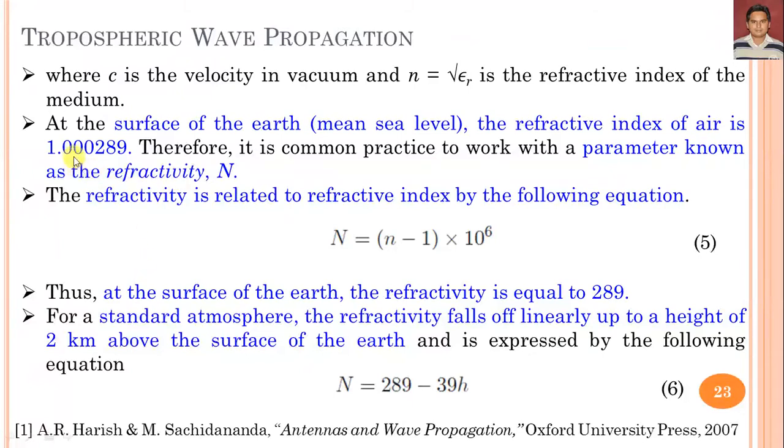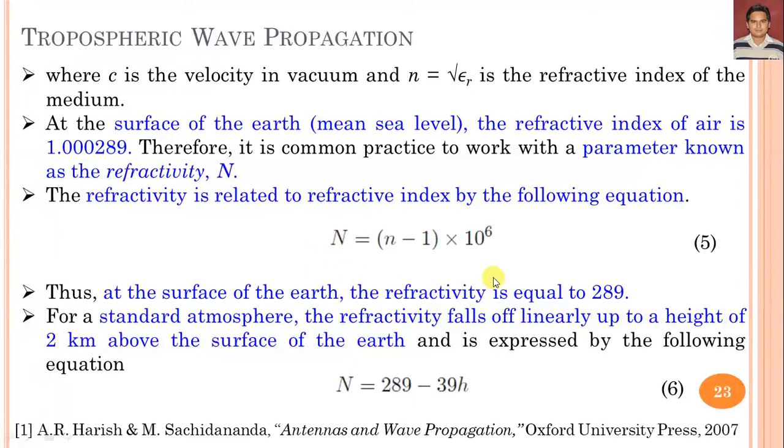The refractivity is related to the refractive index by expression 5, where capital N represents the refractivity, equal to (n minus 1) times 10 to the power 6. So at the surface of the earth, the refractivity is equal to 289.